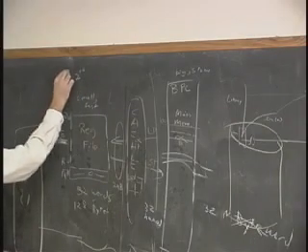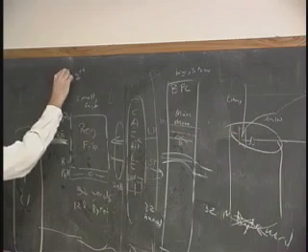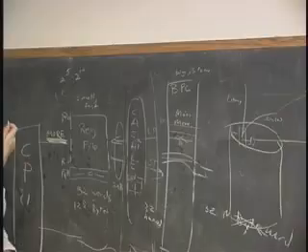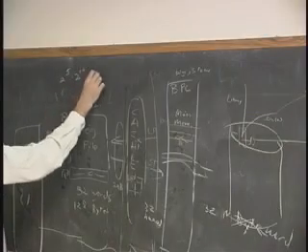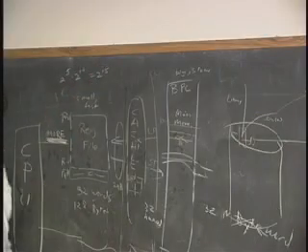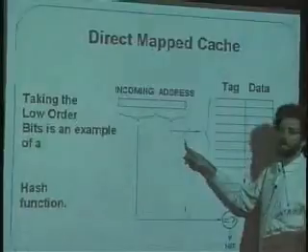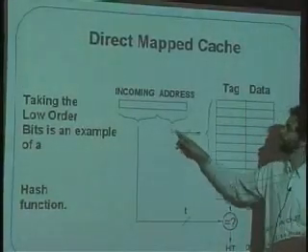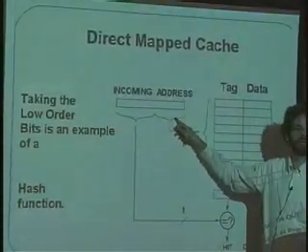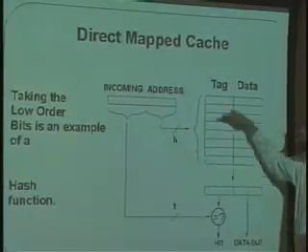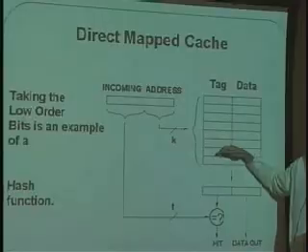What's 32? 2 to the 5, right? I think that's right. 2 to the 4 is 16, 2 to the 5. So that's equal to 2 to the 15. So we're using 15 bits. That's how many rows there are in the cache. So we're going to choose K being 15 bits, and we're going to take the low order 15 bits of the addresses that we use for loads and stores, and we're going to use them to determine which location in the cache we're going to use.